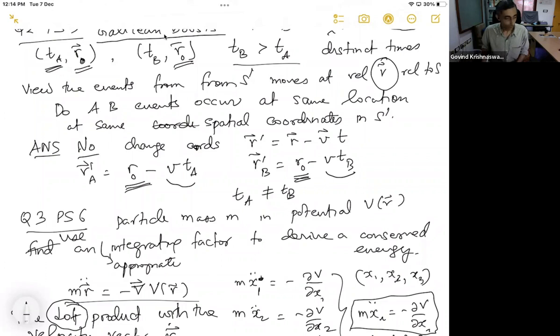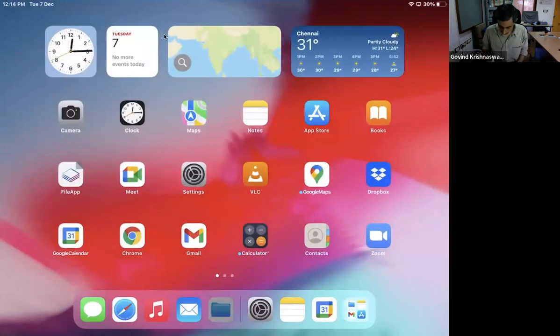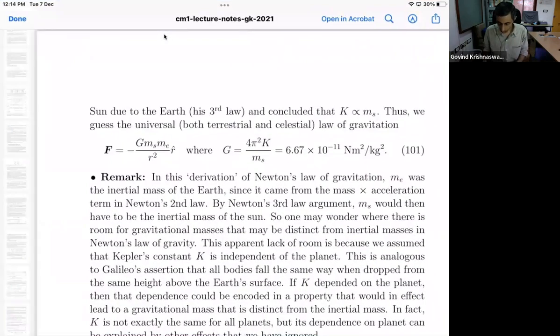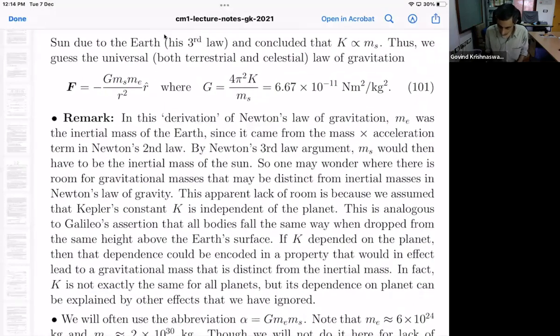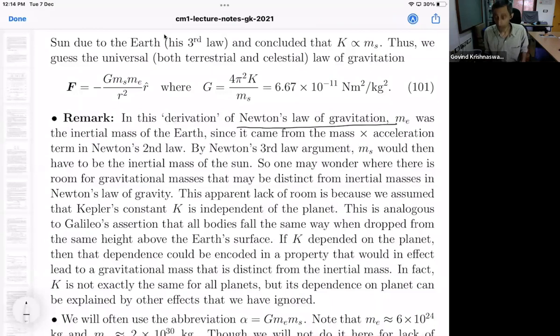Okay, now there was one more question last time from, let me try to remember, Shubham Kumar. This concerned our derivation of Newton's law of gravitation, and it was a pertinent question.